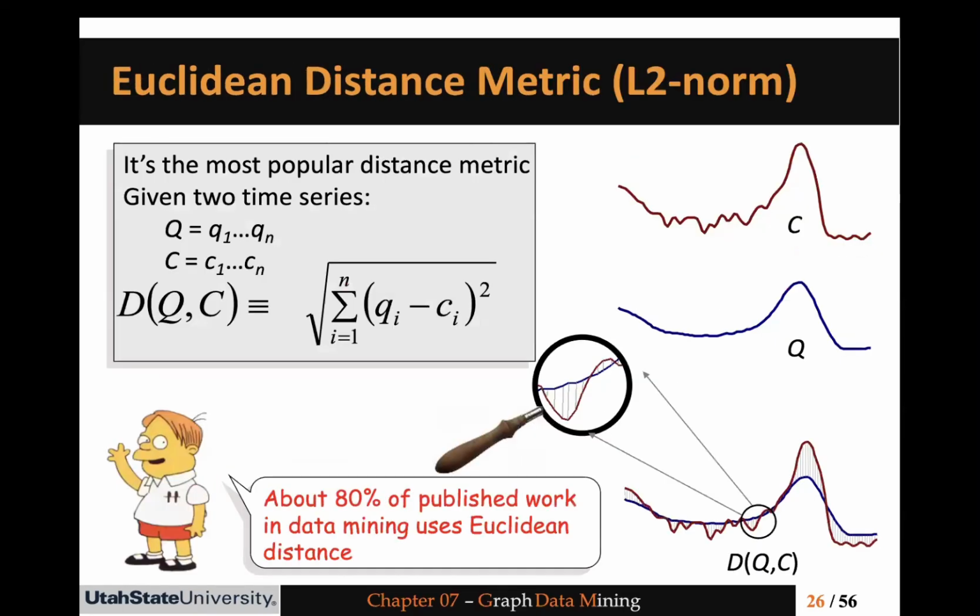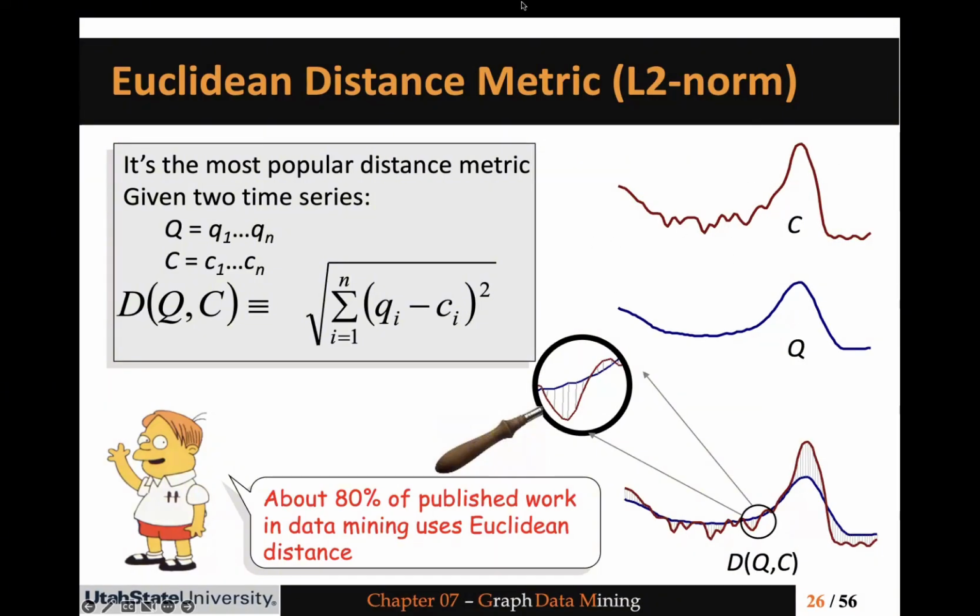The first example of Euclidean is the L2 norm, also known as the Euclidean measure, and it's nothing but the square root of the sum of the squared differences between the points of the two time series Q and C that I'm trying to find the distance between.